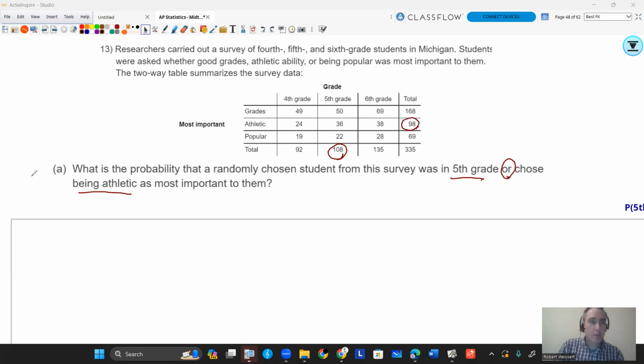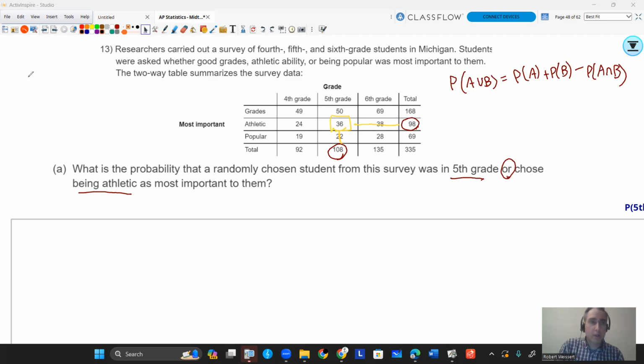But if you only do those two numbers, you're not taking into account that there's a number that is part of both of those, and we have to subtract that. So remember your probability rule: the probability of A or B is equal to the probability of A plus the probability of B minus the probability of A and B.